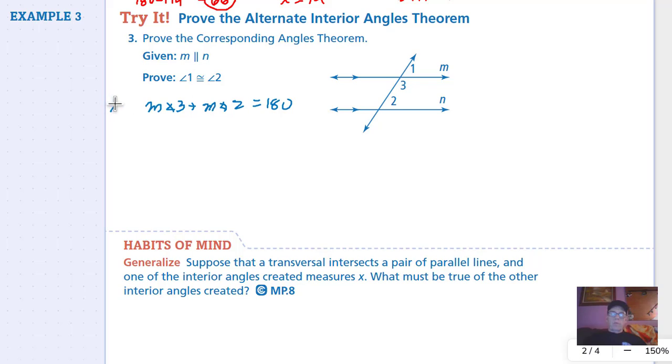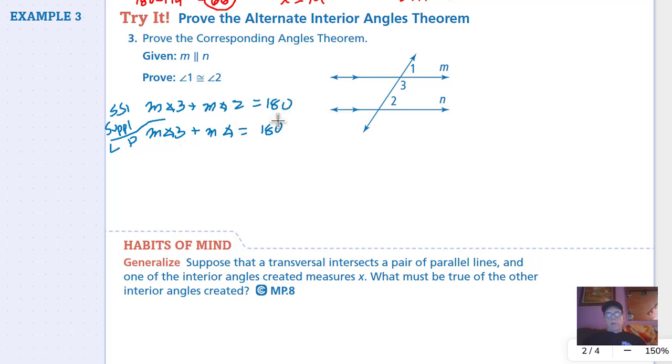That's because they're same side interior. They're supplementary. And then 1 and 3 are a linear pair. So the measure of angle 3 plus the measure of angle 1 equals 180. And that goes with them being a linear pair.